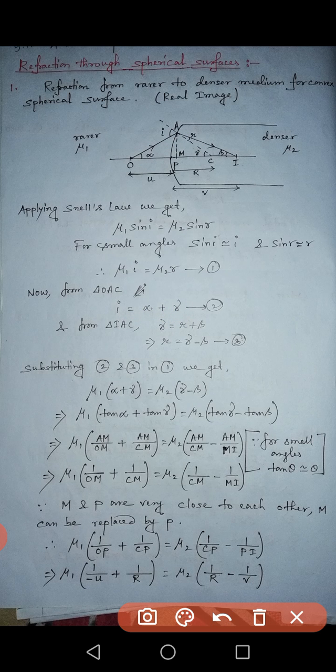Then next triangle IAC. In the other derivations also we are using only these two triangles, OAC and IAC. The names will be the same. So for IAC, which one is the exterior angle? Gamma is the exterior angle. Interior angles are beta and r.